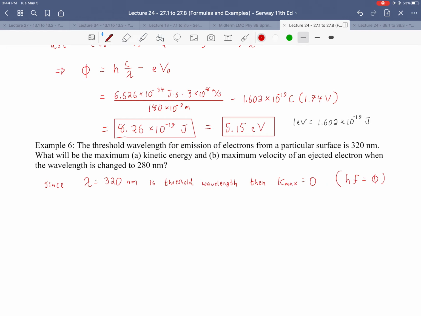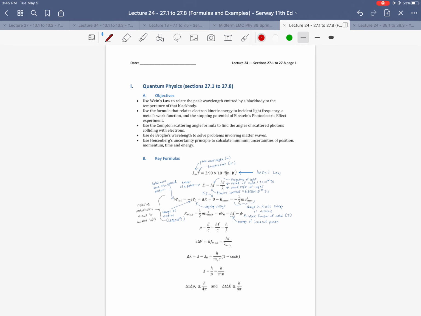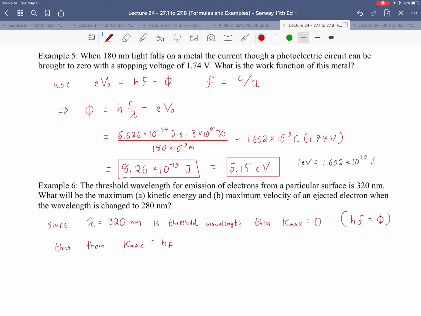So, the formula, I put in parentheses, but I'll just say, thus from K max equals hf minus phi. Let's see, am I saying that right? I just want to make sure I'm consistent with my own formula. Yeah, K max, good.